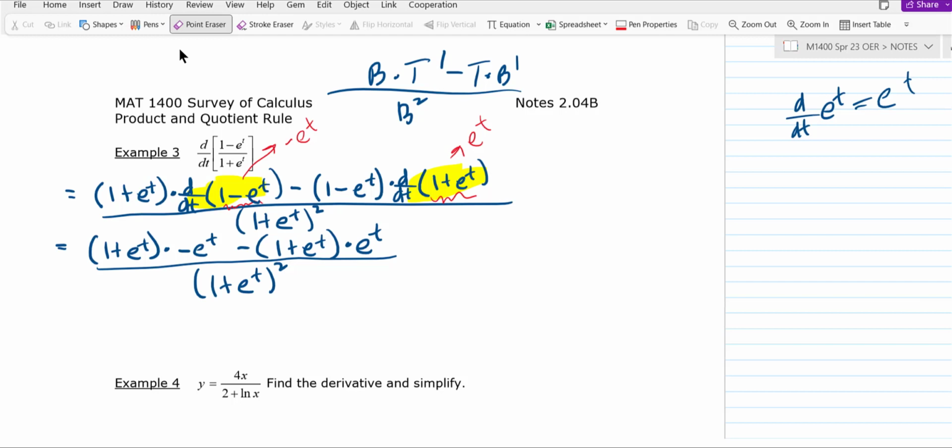So what we have to do now is distributive property. Now, I'm going to write it this way because I think a lot of students do it better this way, but this is optional. I'm going to put that negative e to the t in front of the parentheses. I think that students are so used to distributing this way than backwards.